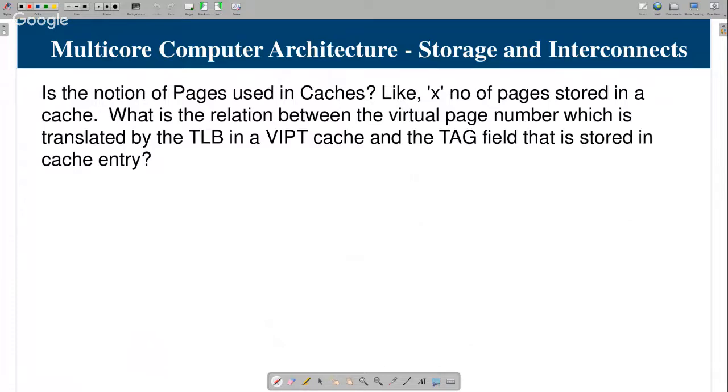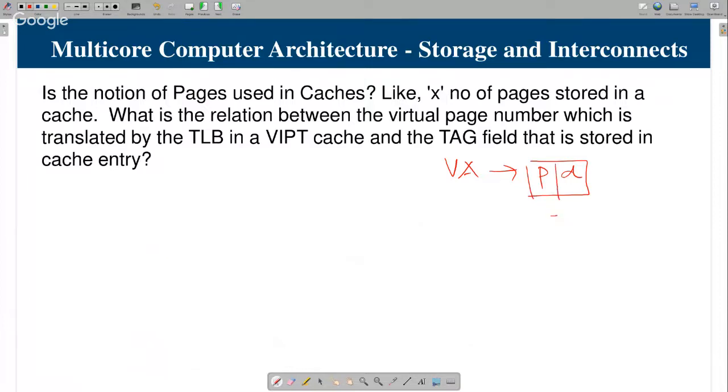Now the next question is about the notion of pages used in caches, like X number of pages stored in a cache. What is the relation between the virtual page number, which is translated by the TLB in a virtually indexed physically tagged cache, and the tag field that is stored in the cache entry? Generally, all the cache memories of modern processors are physically tagged caches. So let me try to explain. When the processor gives the address, it is known as the virtual address, which consists of a page number and an offset.